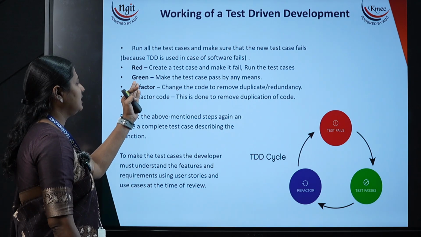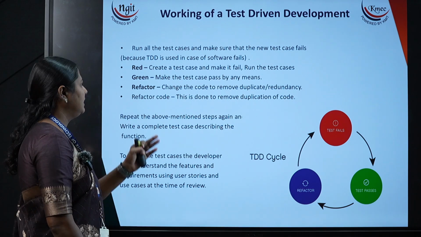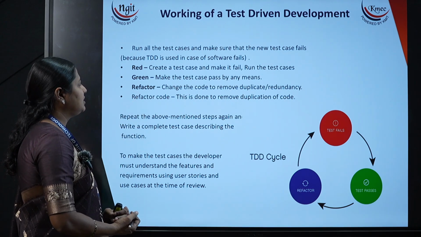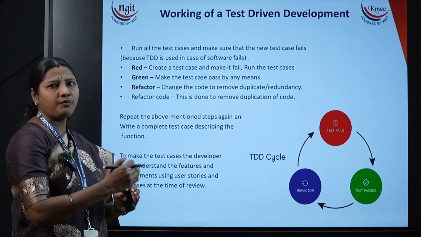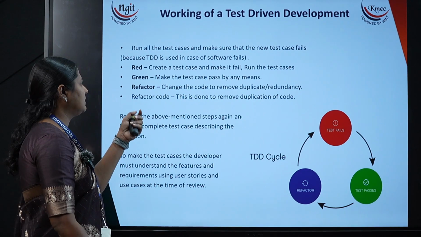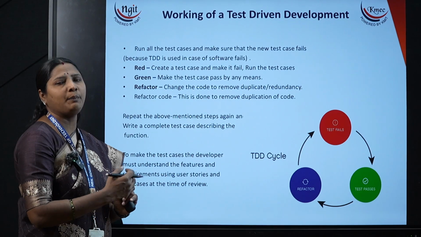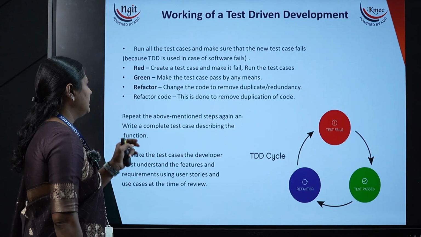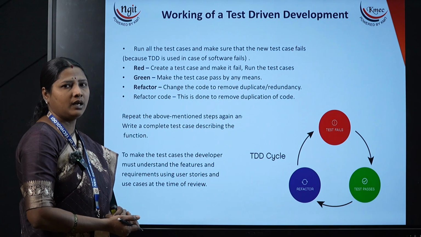In the second stage, the green stage, make the test case pass by any means. The third stage is refactor: change the code to remove duplicates or redundancy. Whenever you make corrections, n number of modifications are done, so this stage removes all the duplicate, repeated, and redundant code.